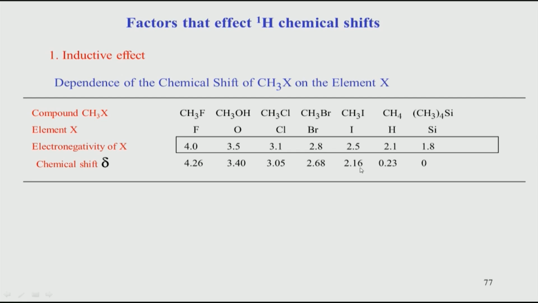Between these two, both are halides, but because chlorine is more electronegative than iodine, the inductive effect of iodine is less than that of chlorine, and therefore a CH3I molecule will have a hydrogen coming at an upfield position compared to CH3Cl. And methane, which is all hydrogen atoms, a symmetrical molecule, is the most upfield shifted, and it will come at 0. Remember again, we are looking at a reference.